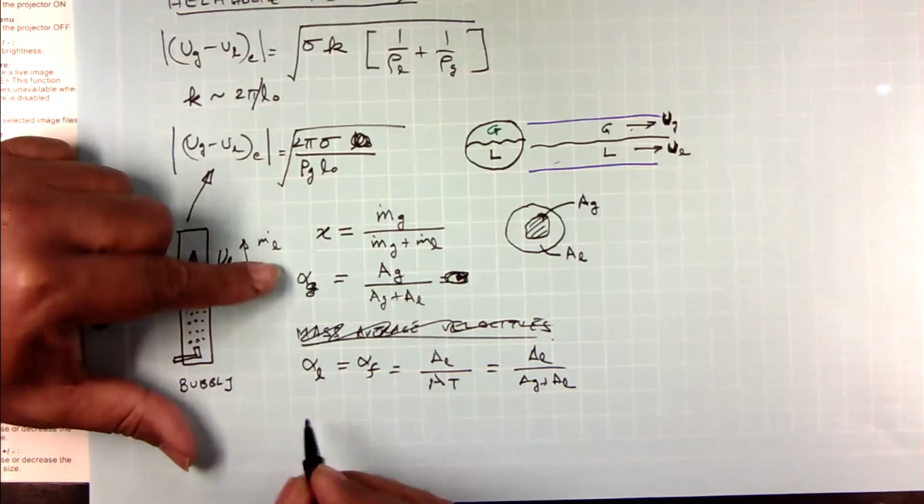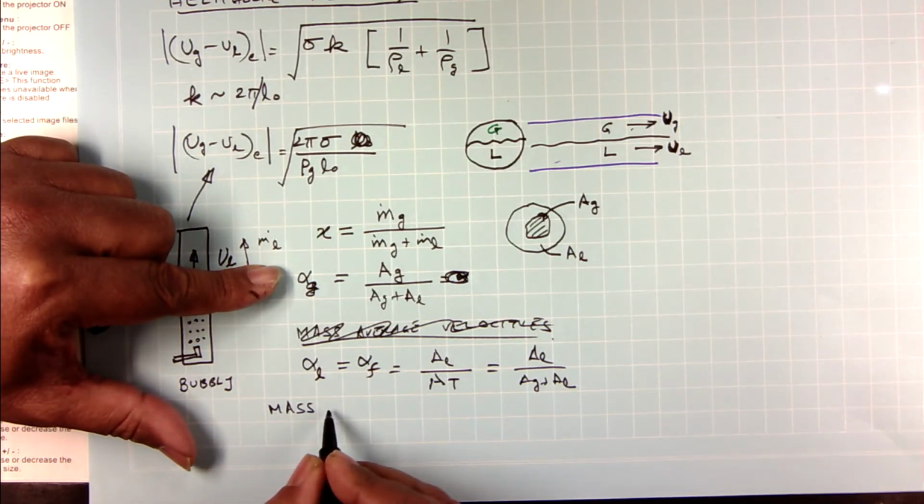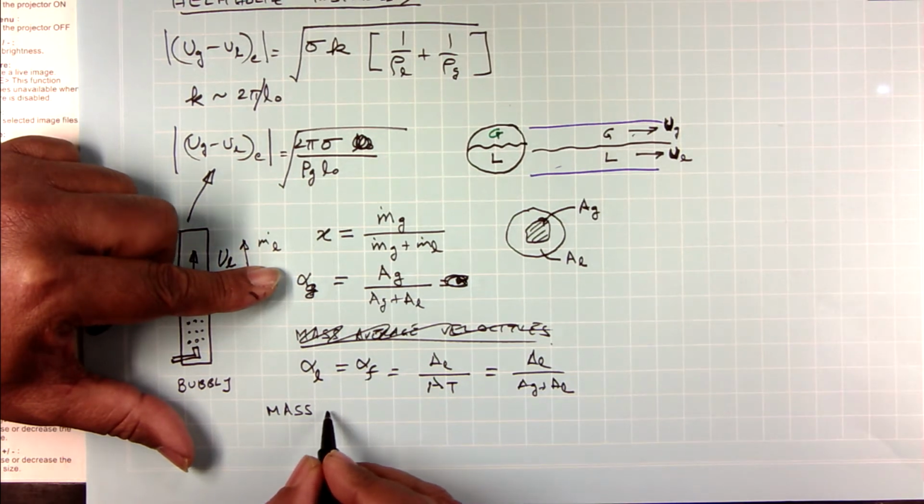Now, you also have what are known as mass superficial fluxes.